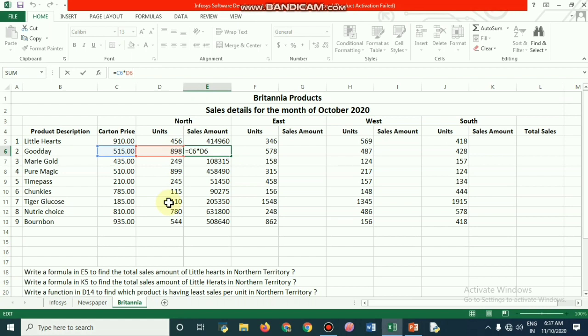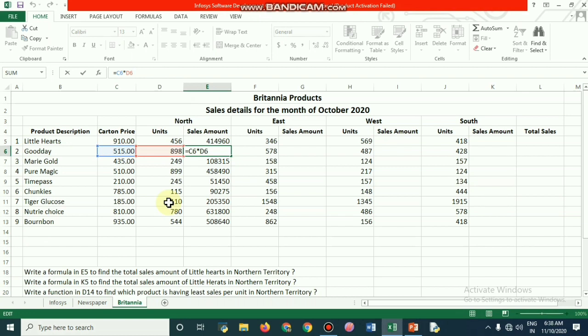The changing of the cell address accordingly, when you drag down a formula, it is known as relative cell referencing. What is it known as relative cell referencing?